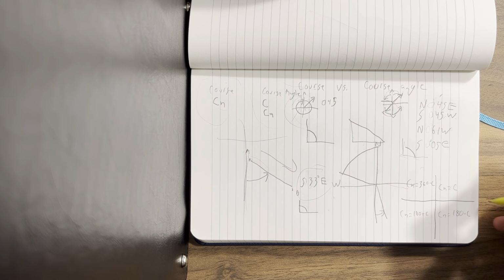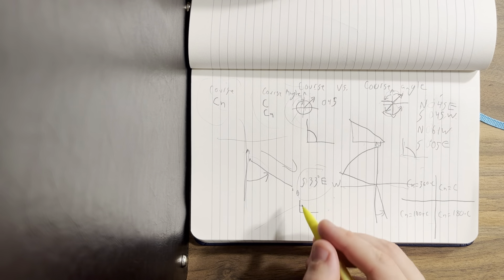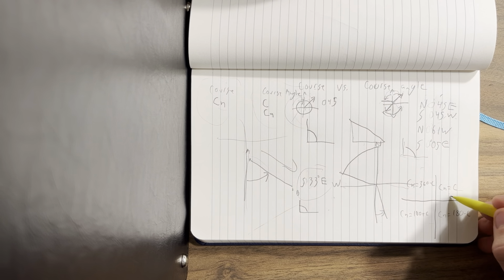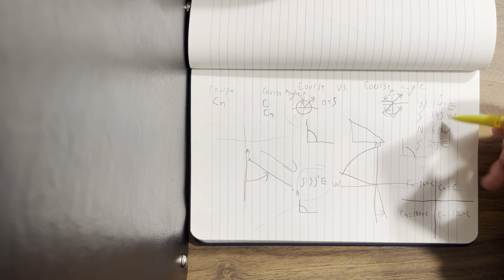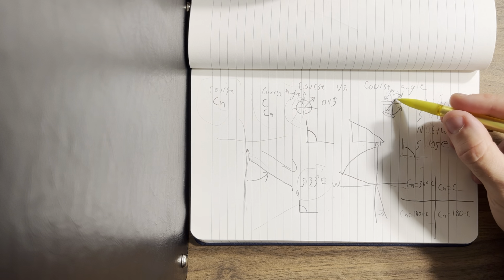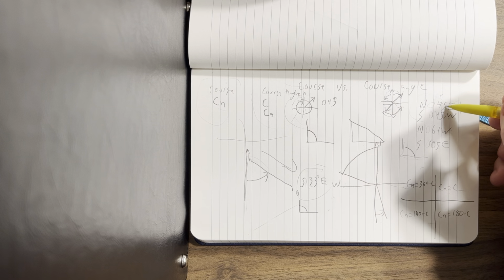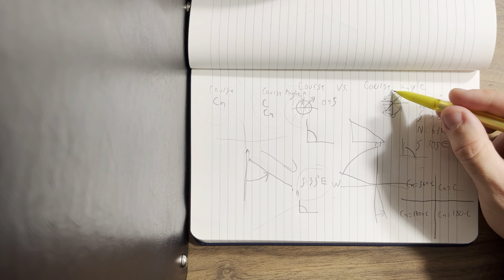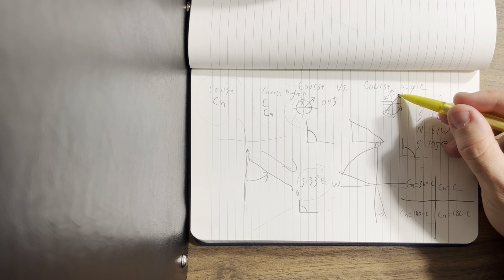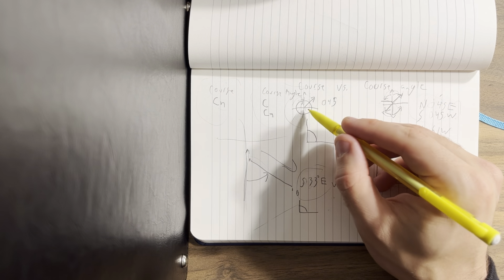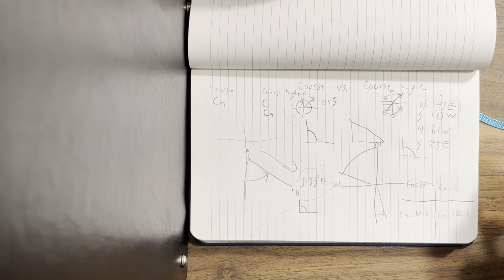If you're headed northeast, you don't need to change anything. Just like up here, the course and the course angle are exactly the same, because 045 from north to east is the exact same as just 045 true.